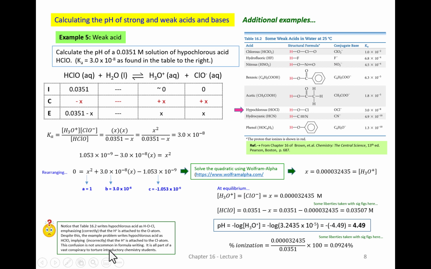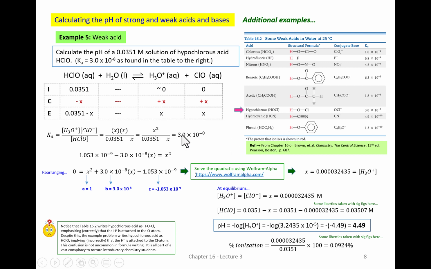I'm not sure if this writing is too small for you to read, but I want you to notice something: in the table here, hypochlorous acid is written with its structural formula, showing that the hydrogen, the one that's lost as H plus to form hydronium ion, is actually originally attached to the oxygen atom of the hypochlorous acid.